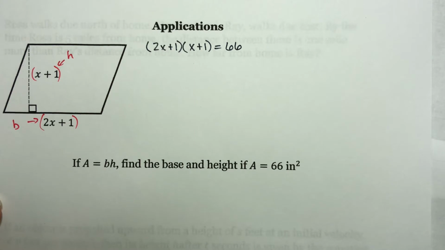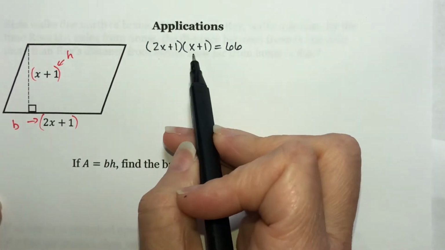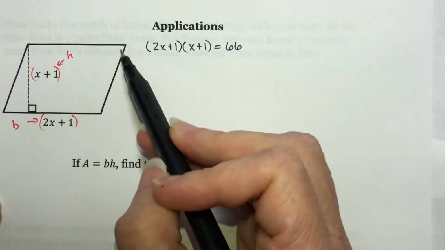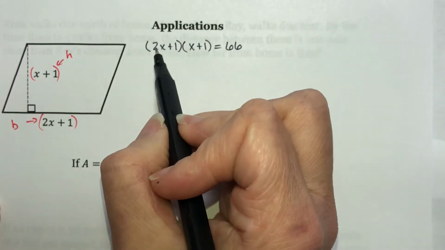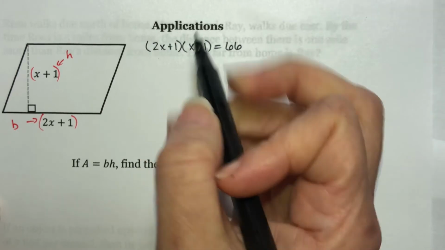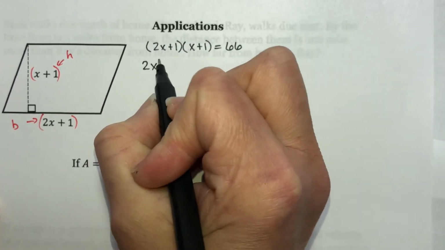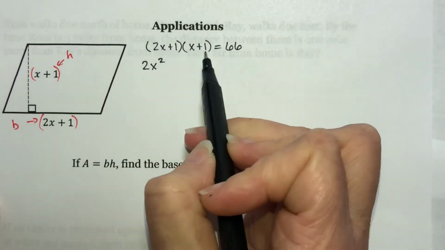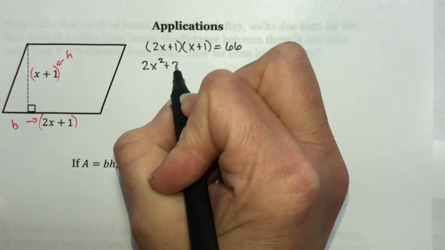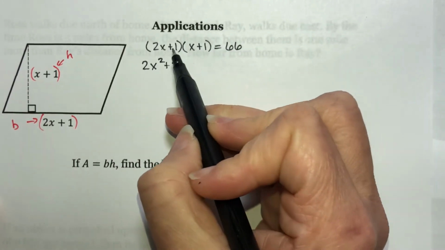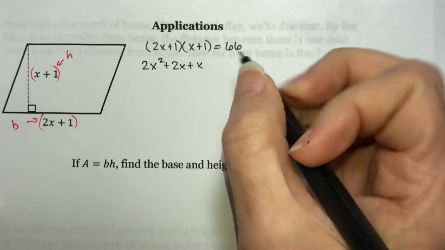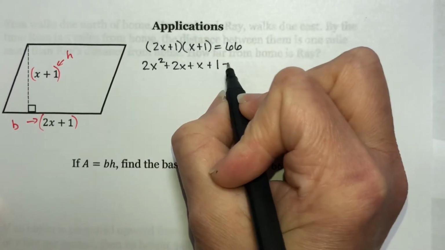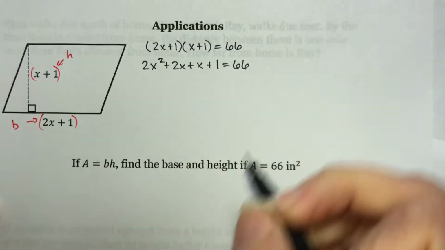So what we're going to end up having to do is we need to multiply this whole thing out. We're going to have to move this over to the other side, and then we're going to have to factor again. So let's just distribute. 2x times x will be 2x squared. 2x times 1 is positive 2x. 1 times x is x, and then plus 1 is equal to 66.